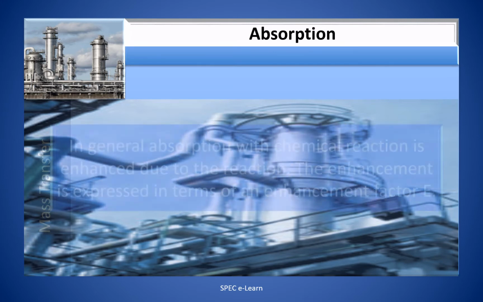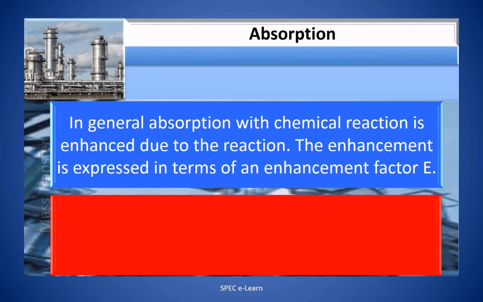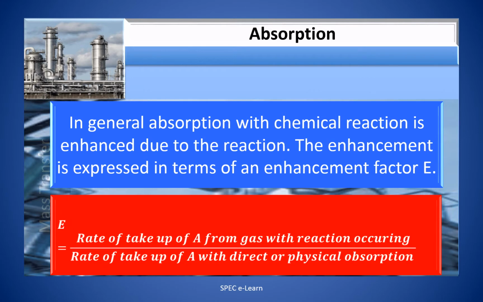In general, absorption with chemical reaction is enhanced due to the reaction. The enhancement is expressed in terms of an enhancement factor E. E is defined as the rate of take-up of A from gas with chemical reaction occurring to the rate of take-up of A with direct or physical absorption.